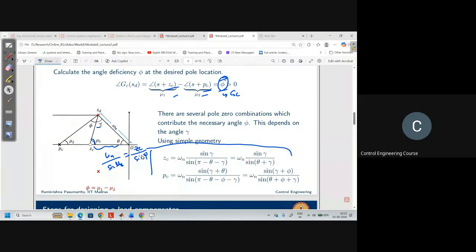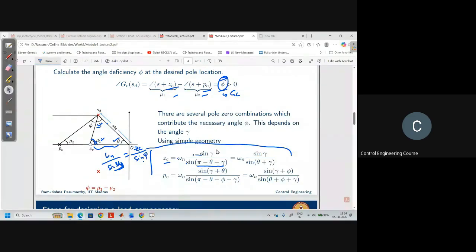You will get ZC equal to omega n into sine gamma by sine mu1. This is a right angle triangle, so you can simply use that also. Mu1 will be pi minus theta minus gamma, so you can solve this one.